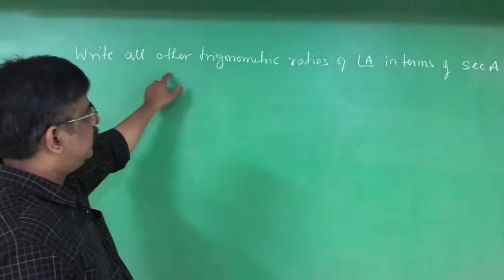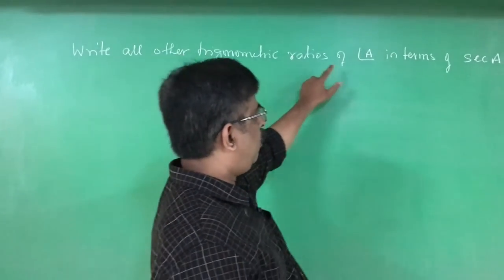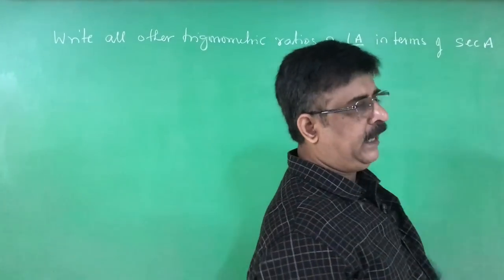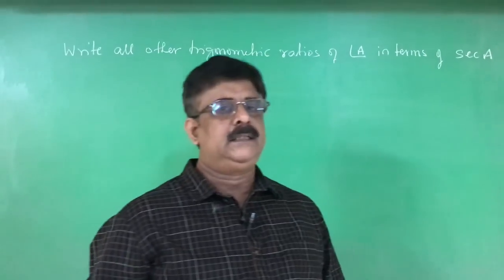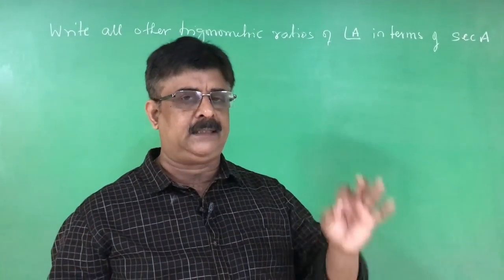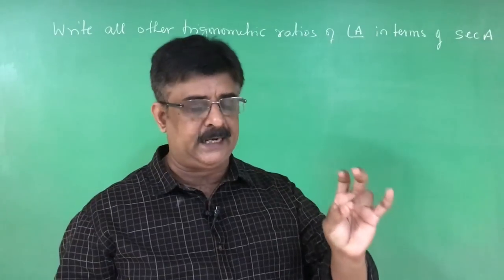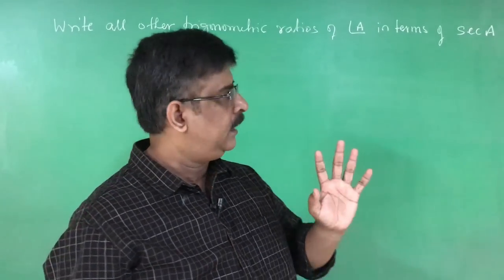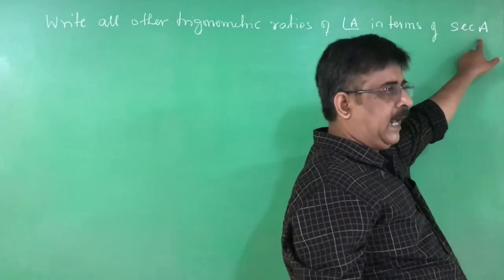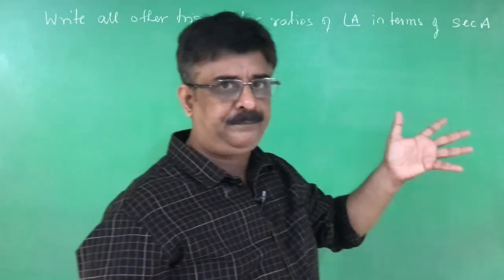Write all other trigonometric ratios of angle A in terms of secant A. What he is telling is, there are 6 trigonometrical ratios: sin theta, cos theta, tan theta, cosecant theta, secant theta and cot theta. What we have to do is, if you leave secant theta, there are 5 others.